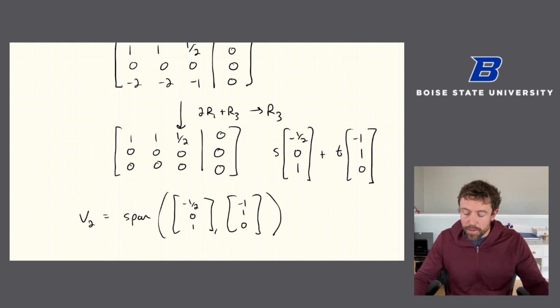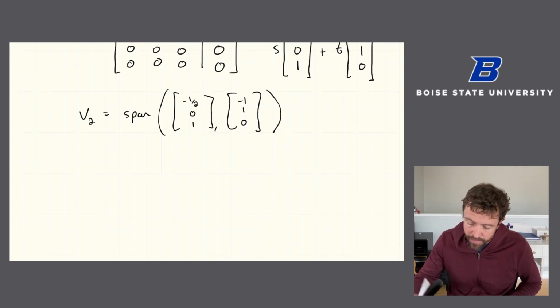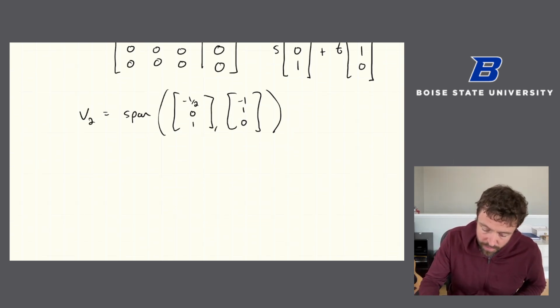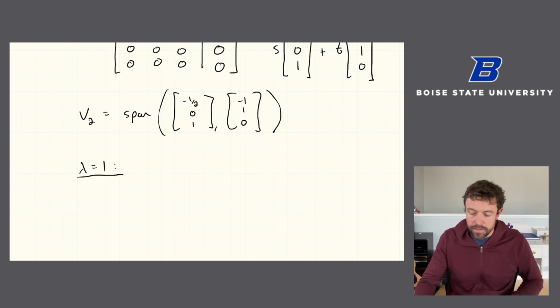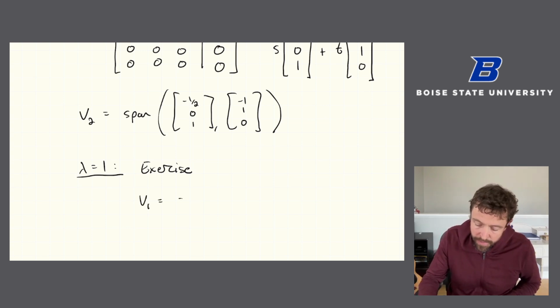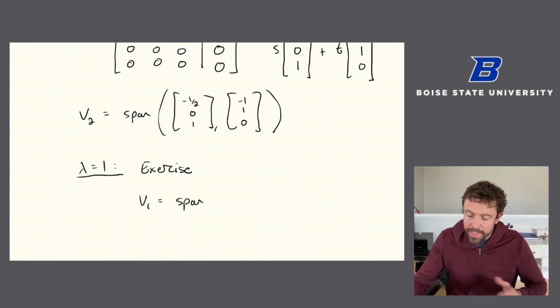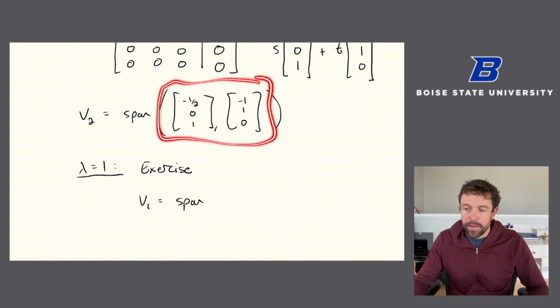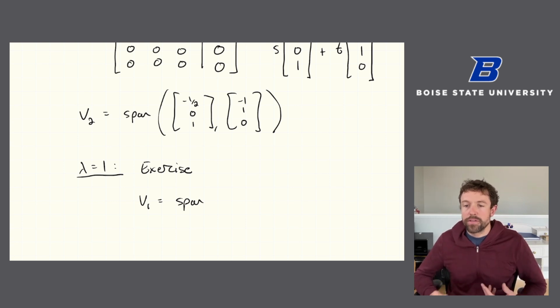And I'll point out we could do the same thing for lambda equals 1, but I'll leave this as an exercise to the viewer if you want. And I'll just tell you what you'll get as an answer. And I should point out that anytime you solve one of these things, you could get a different basis depending on how you set things up. There are lots of different bases for the same space, but they'll be the same space, right?